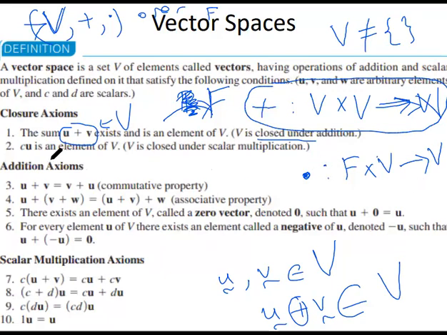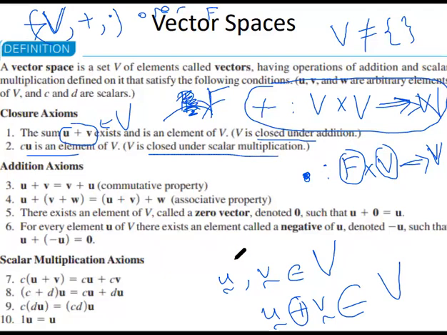All right, now let's go to the next one. Now we perform multiplication between this field and the set V. Let's see whether we get an element which belongs to V. If so, then it is closed under scalar multiplication.